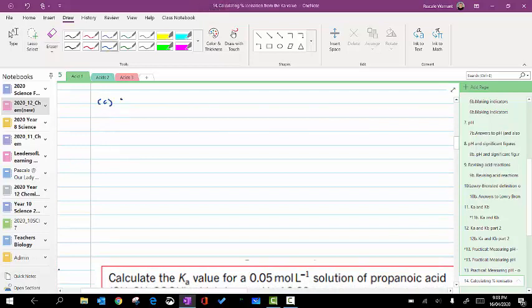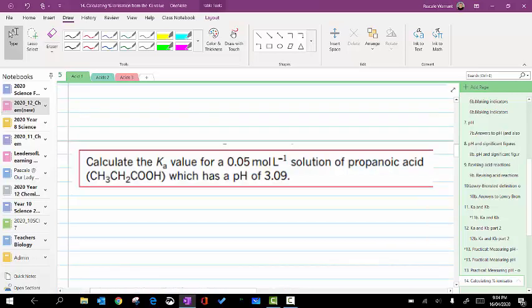Okay, now the percentage ionisation, that's the concentration of hydrogen ions divided by the concentration of acid times 100. So we just worked out earlier that the concentration of hydrogen ion is 5.5 times 10 to the power of minus 5. The concentration of the acid is given to us in the question as 0.10, times 100, and that gives us an answer of 0.055%.